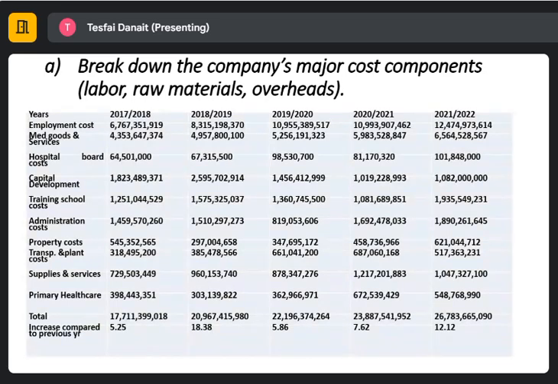So like Suda said, this is a breakdown of the major cost components, but what is important for us to note is the total costs, which is around 26 billion. Next slide. And when you look at the income, it tells you that this is a profitable organization, or business if you want, because 26 was our total cost.